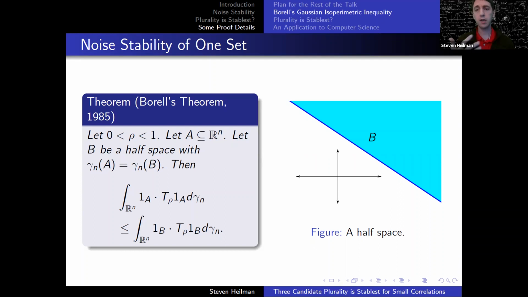And once again, this is the continuous version of the Majority Is Stablest problem. Once again, I didn't go into the details, but there is a way of making an equivalence between our discrete statement about those Boolean functions and this Borell's theorem that's on the screen now.